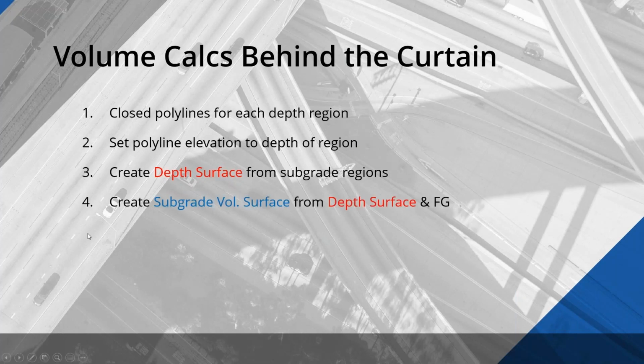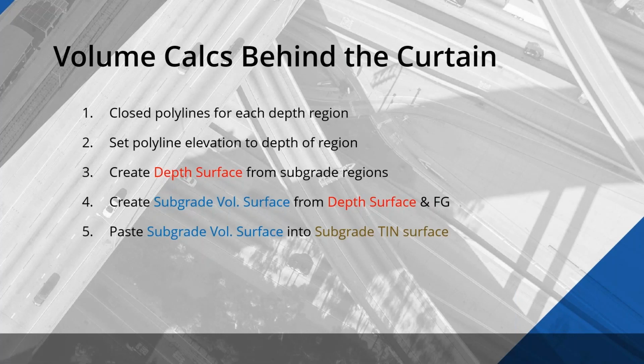Then here's where the magic behind the scenes happens. We create a subgrade volume surface by comparing depth to FG. And remember, what is a volume surface? It's the delta between the two surfaces at a given point. If FG is at 800 and depth surface is at 1 at a given point, my subgrade volume surface elevation is going to be 799.